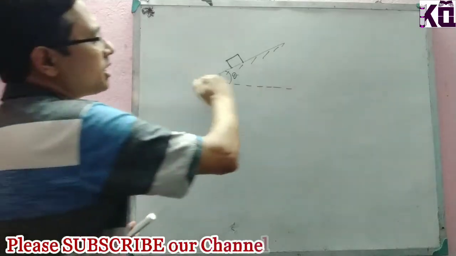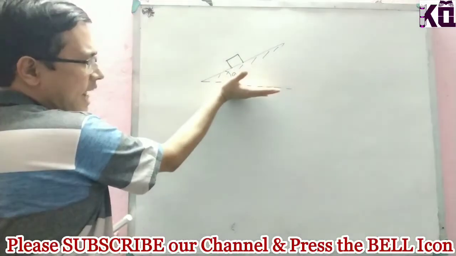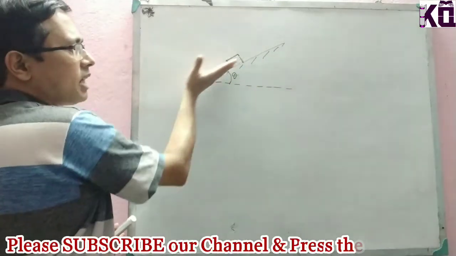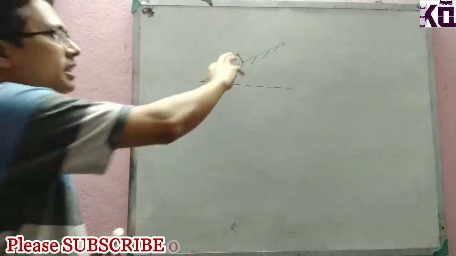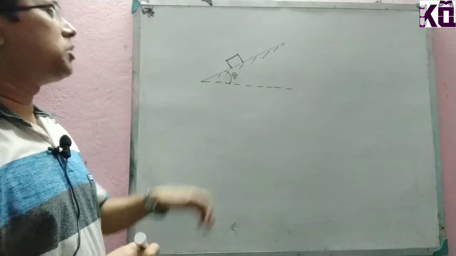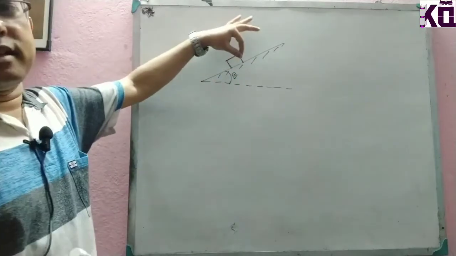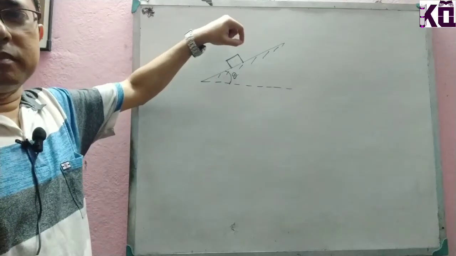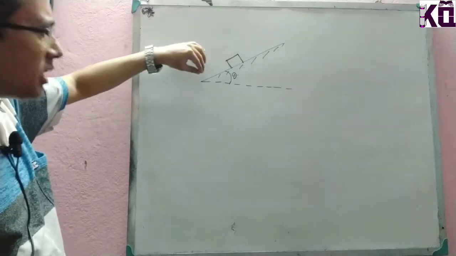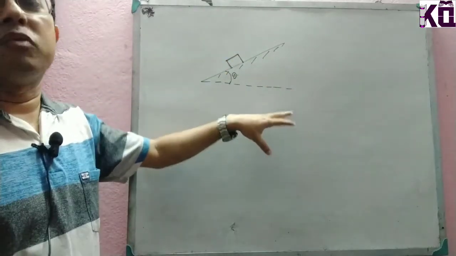Gradually we increase the angle with the horizontal to theta, until the object just tries to move downward. It just tries to move, but it is not actually moving down.